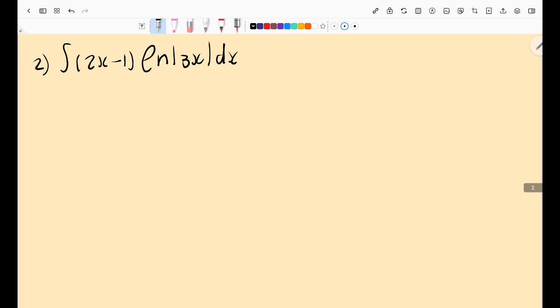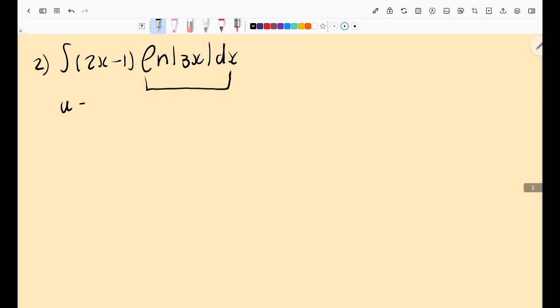You look for what you can integrate and what you can differentiate. Where's your starting point? You ask yourself, which one looks more complicated in the function I'm trying to integrate? So in the one that I'm looking at, the ln looks complicated. And then I ask myself, can I integrate that function or can I differentiate that function? I can differentiate the ln function. I can't integrate it. We didn't learn how to integrate it, right? I can only differentiate it.